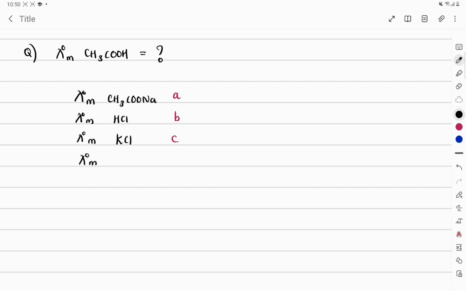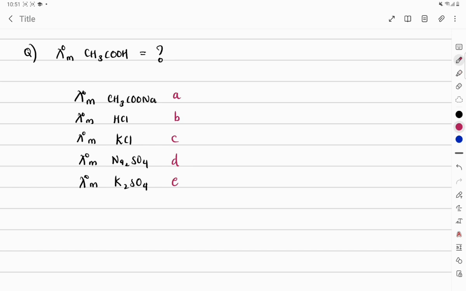lambda 0m value for Na2SO4 is equal to D. And finally, lambda 0m value for K2SO4 is equal to E. So on rearranging these formulas, that means you have to compare their ions, cancel out the common ions, and then find the correct formula in terms of A, B, C, D and E which will give me lambda 0m for CH3COOH.